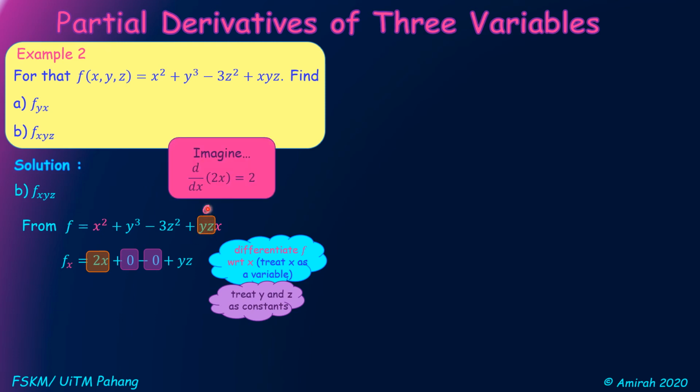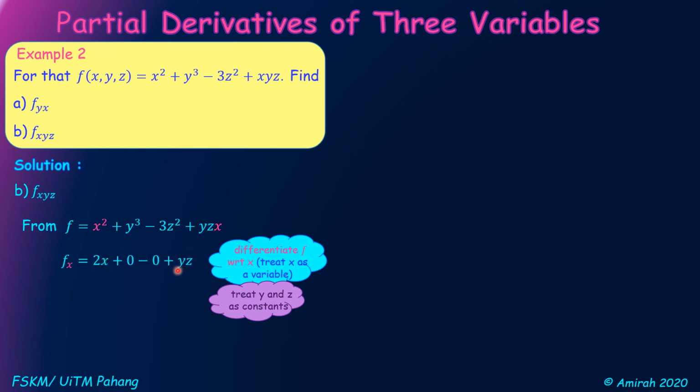To differentiate constant times x, imagine we want to differentiate 2x with respect to x. The answer equals 2. So when we differentiate constant times x, the answer equals the constant, which is yz. After we simplify, we get fx equals 2x plus yz.